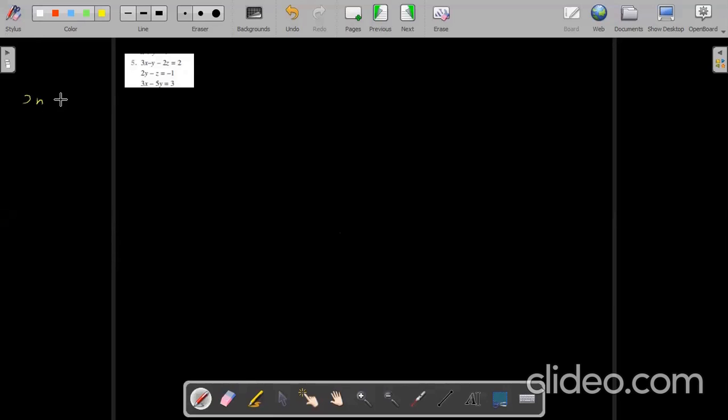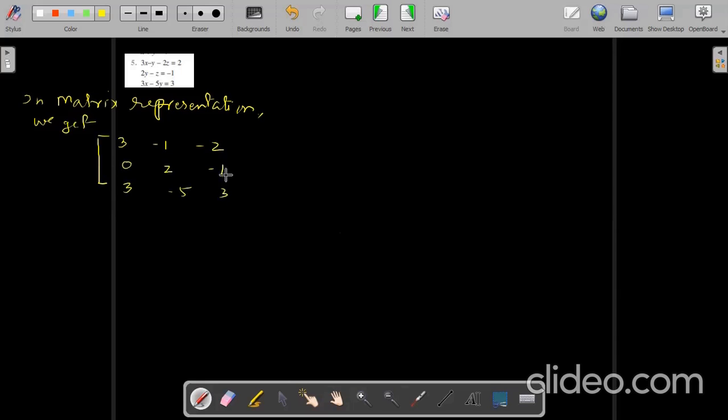In matrix representation, we get the matrix 3, minus 1, minus 2; 0, 2, minus 1; 3, minus 5, 3 as A, and X is x, y, z, always, because there are 3 variables here, with 3 by 3 matrices, and the right hand side is 2, minus 1 and 3.